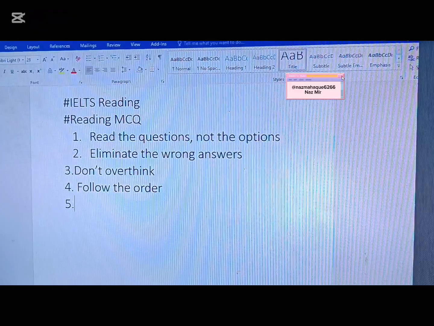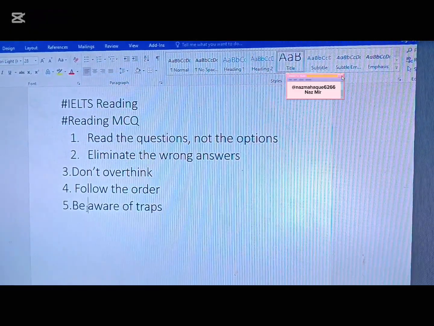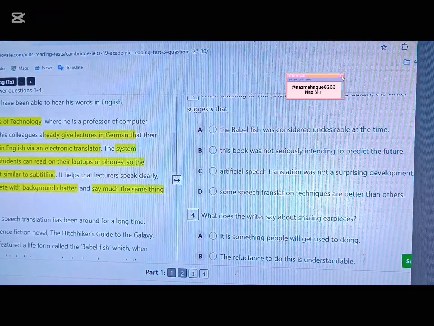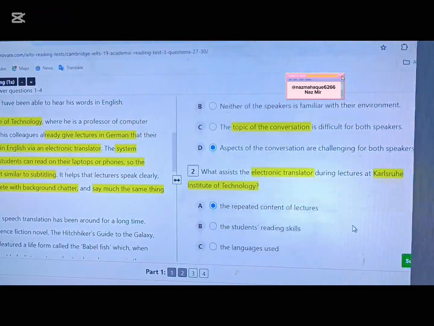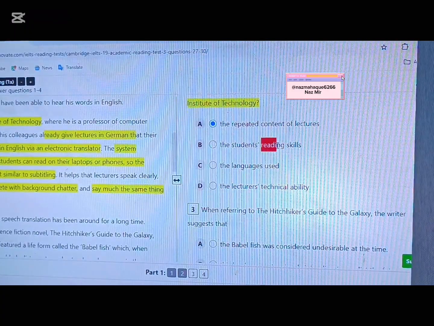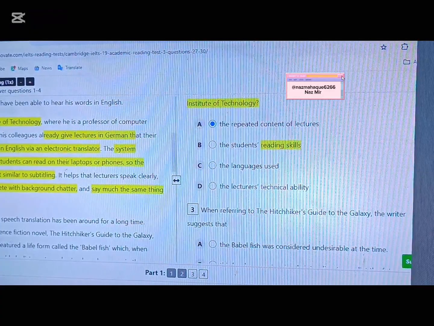So the last point that we have to remember is be aware of traps. As I told you guys in this section, you can see that this one is a trap. The students' reading skills, okay? It is partially true, but it is not fully true.